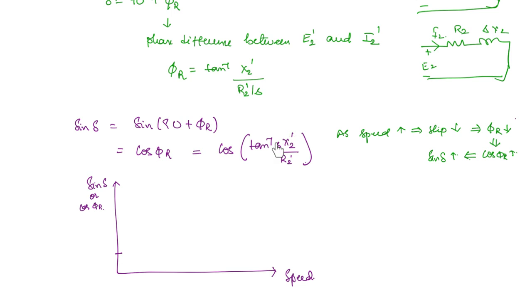You will get some finite value here. Here the value of s is equal to 1, and here s will be equal to 0 when the speed is at synchronous speed. So cos of some finite value gives a finite value, not 0. It will start from here and increase in this manner. The final value that it will reach is 1.